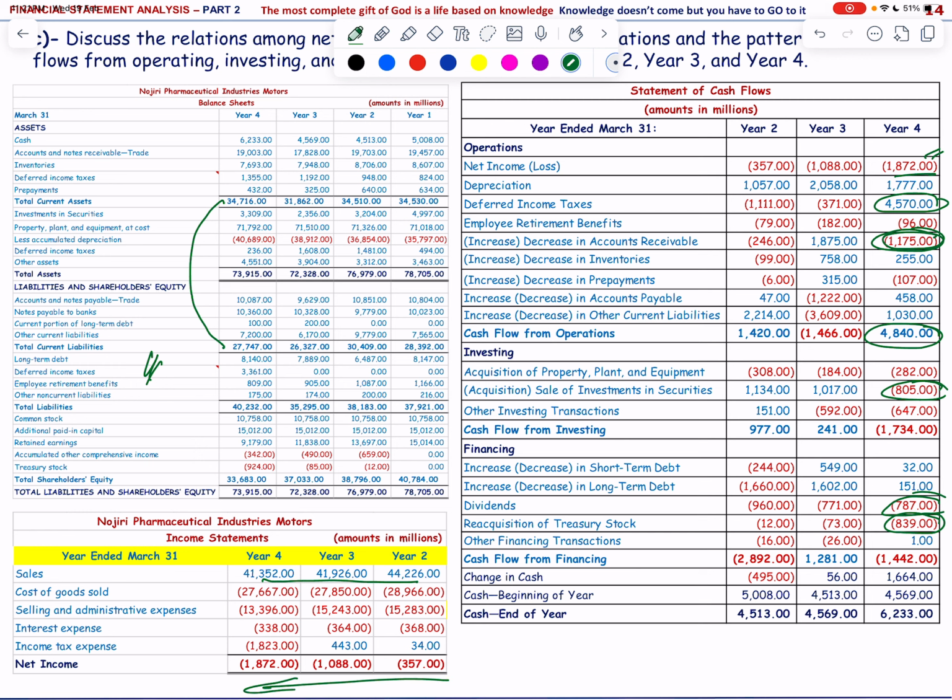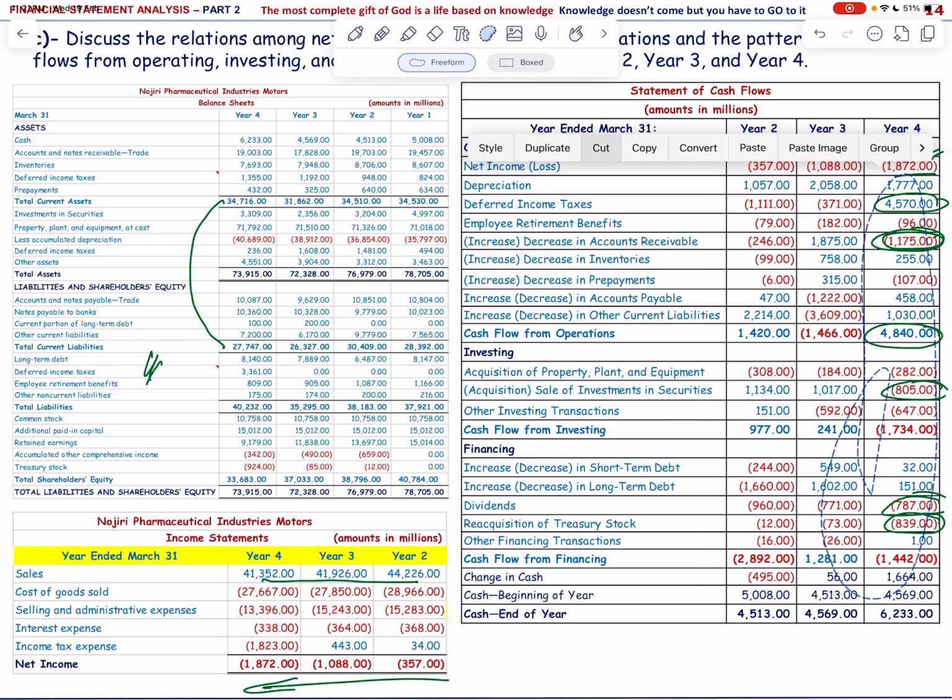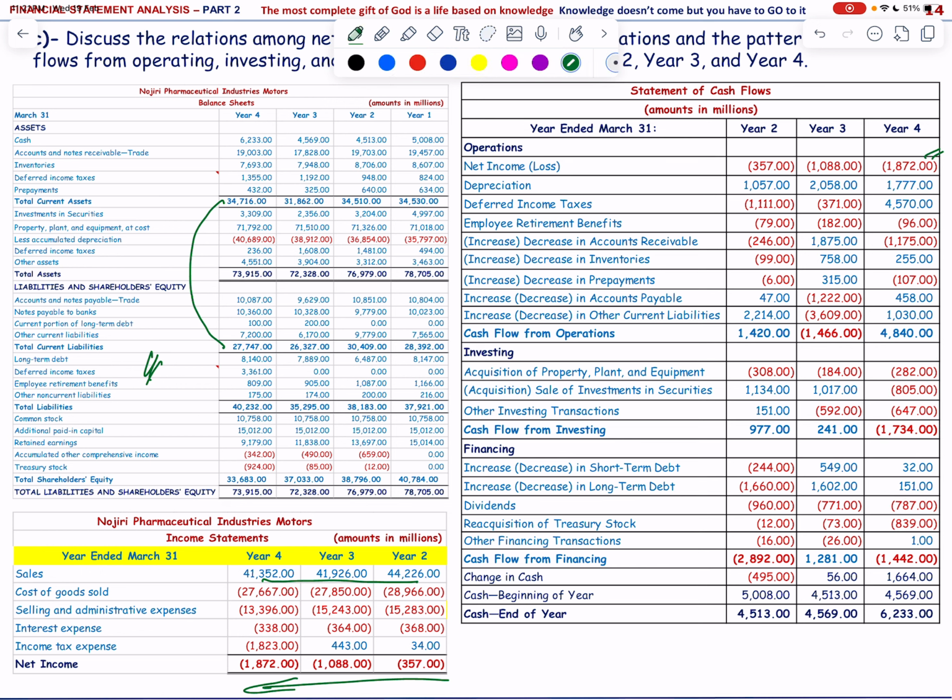And the company's ongoing decision to pay dividends, as I was telling you just now. They have been paying dividends for all the 3 years, and even there is a repurchase of its stocks.